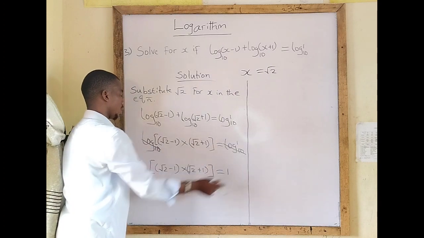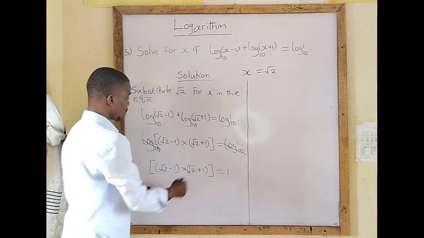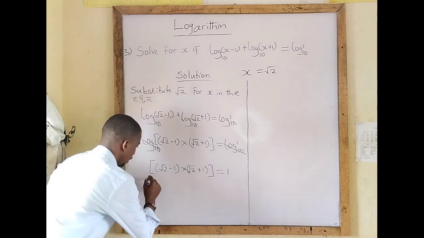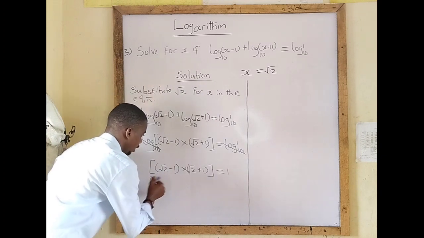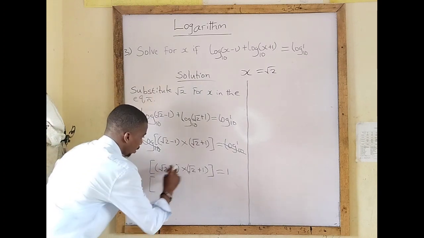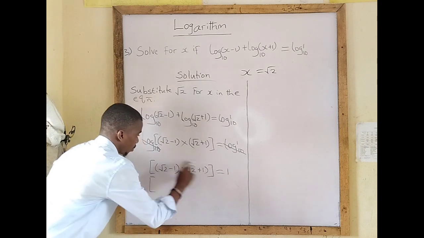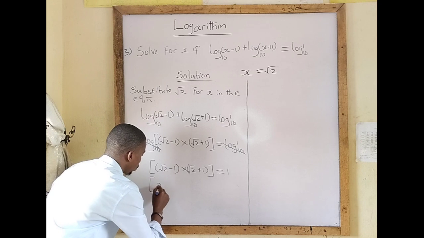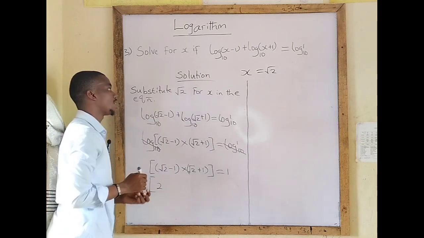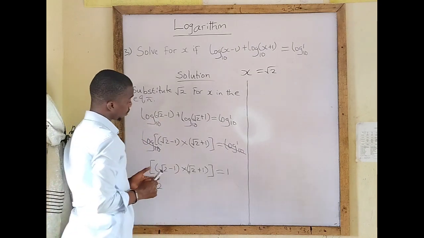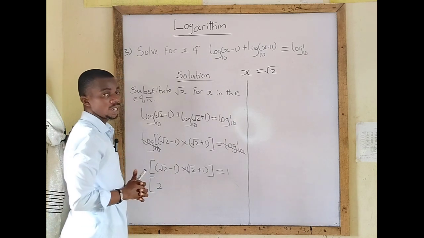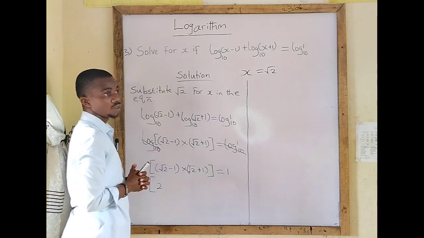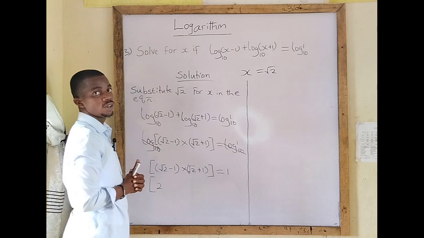All right, so we'll multiply this, so that we have root 2 times root 2, which is 2.